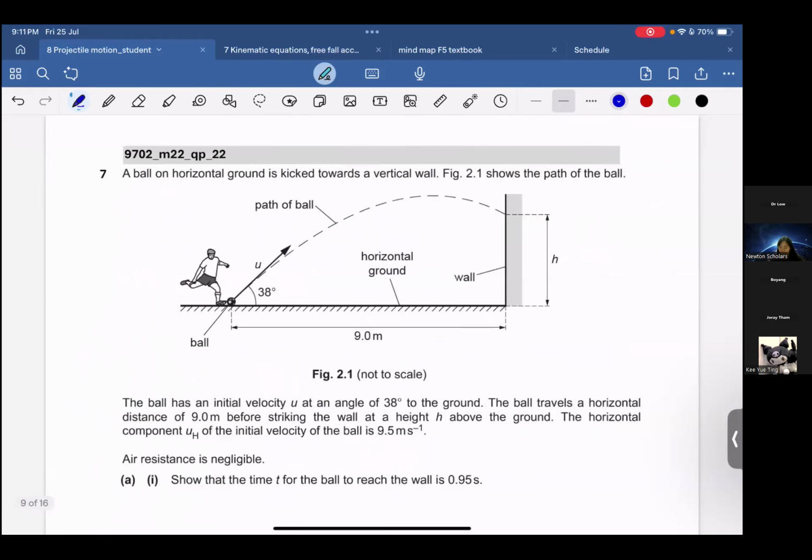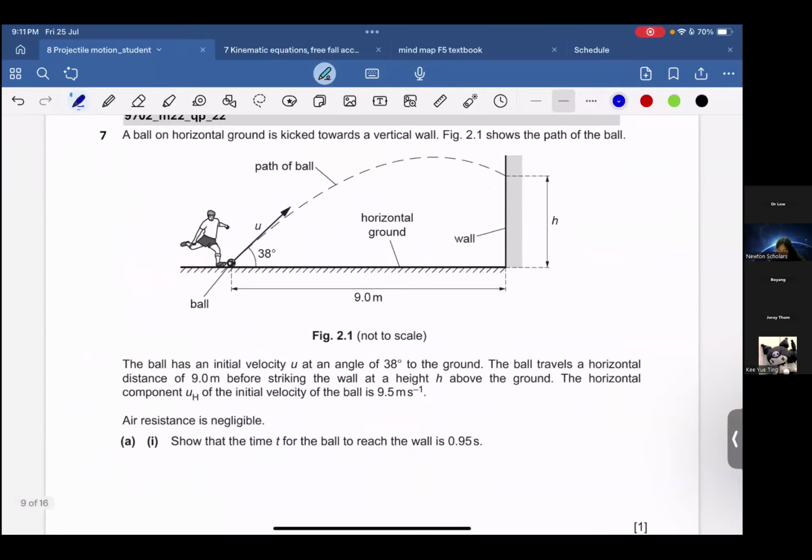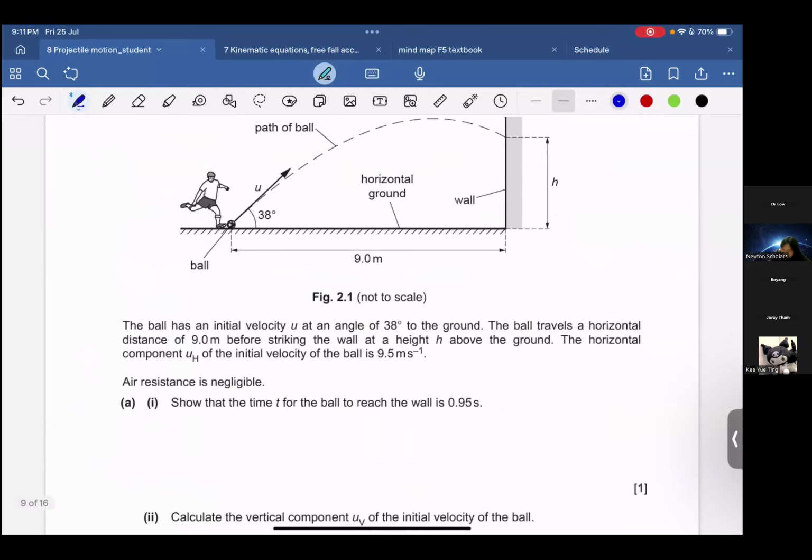Okay, next slide. Now this question says that a ball is kicked horizontally with a certain angle. Calculate the time. Easy. At here we label this x, horizontal.